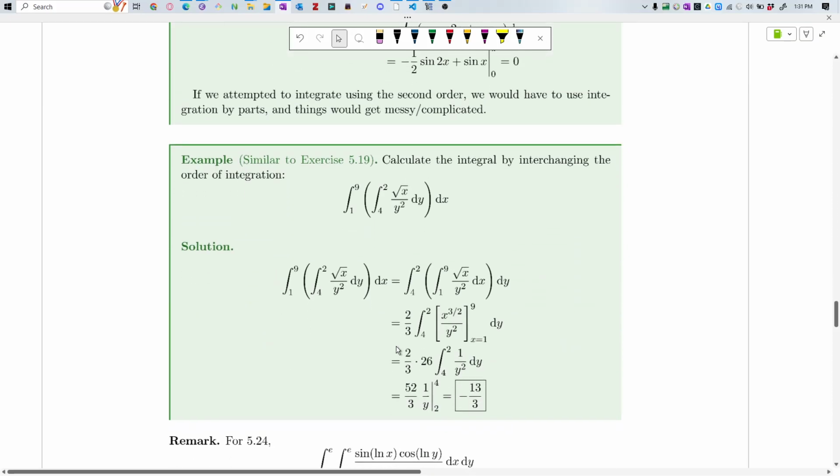Now for a problem that is more similar to your homework problem. In this example, it asks you to interchange the order of integration. And you can see that these are all numbers, which means that this is describing a rectangular region. You're integrating over a rectangular region.